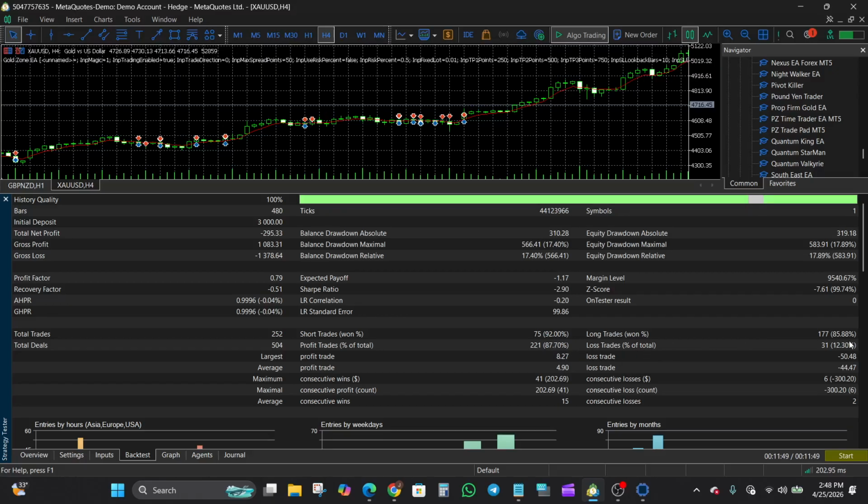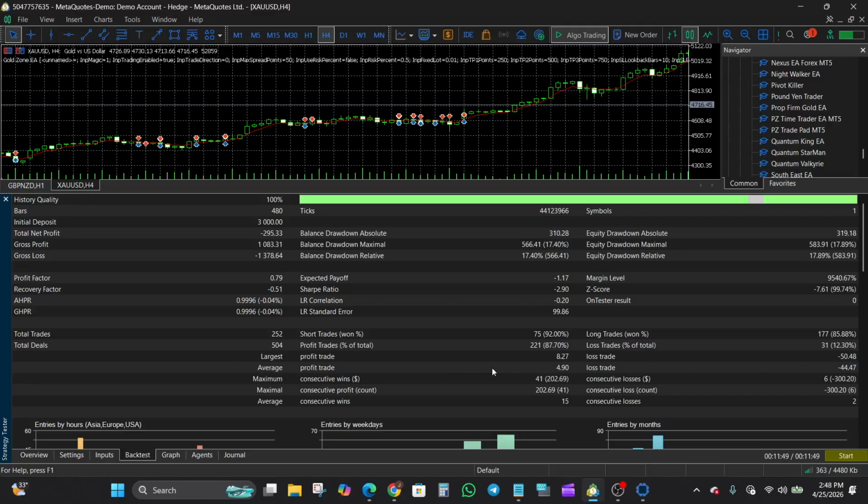Now, despite the high win rate, we still had a negative net profit. So this tells me that the risk to reward ratio was poor. Okay, and we can see that evident here. Largest profit was $8.27. Largest loss was $50.48.